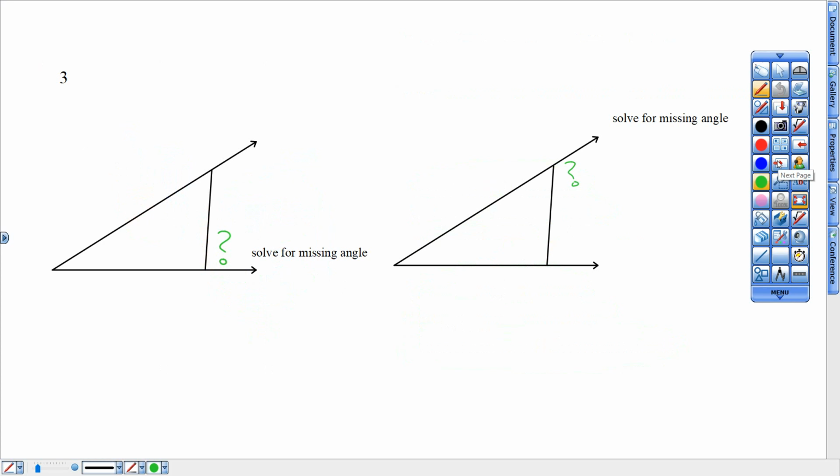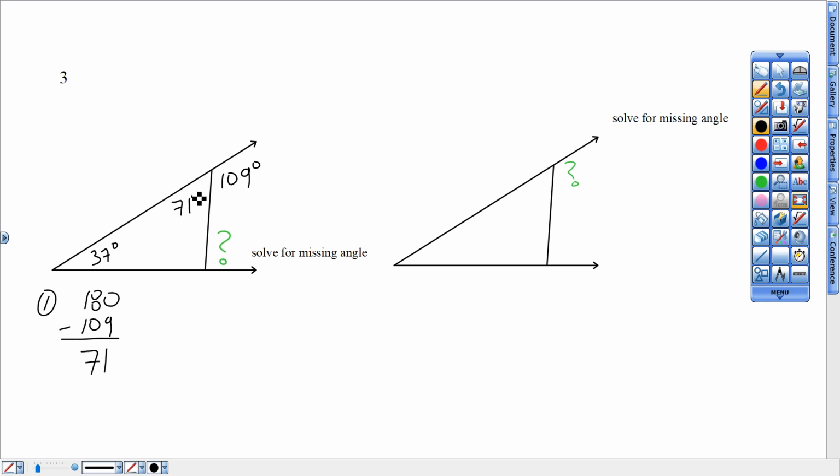All right, number 3 on version 3, make sure again you're showing this work. For this problem, I have 109, and down here I put 37. So your first step, take that 109 away from 180. 180 minus that 109 should give me 71. That's this angle right here.